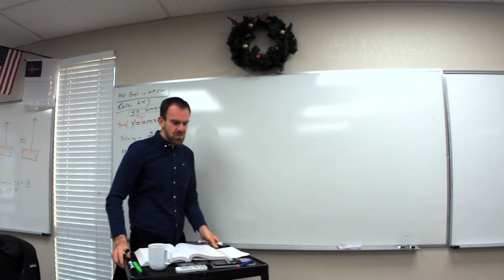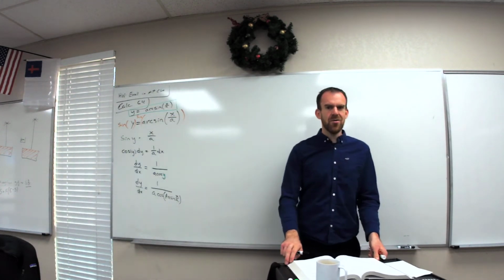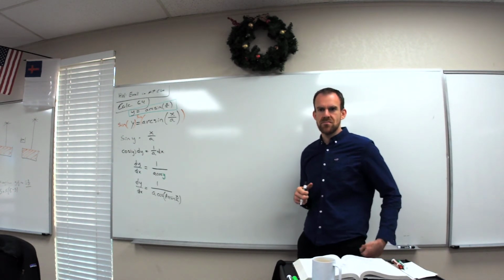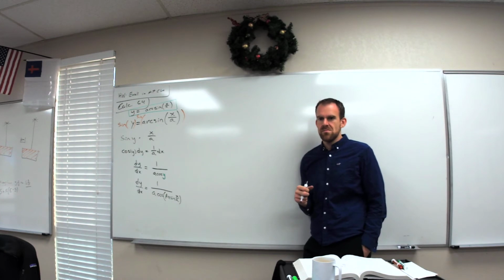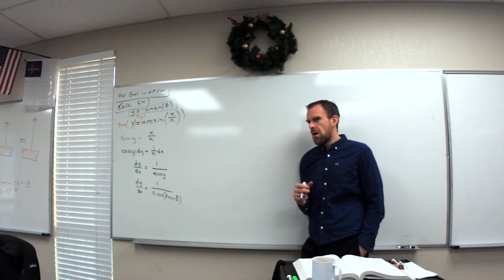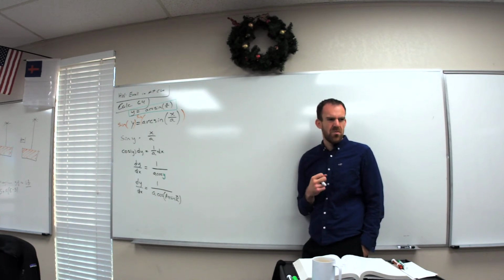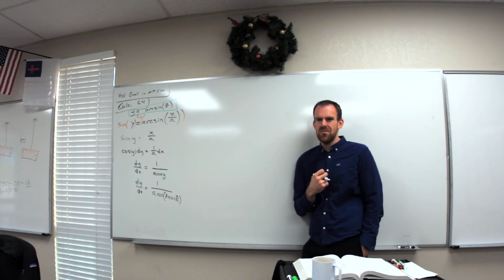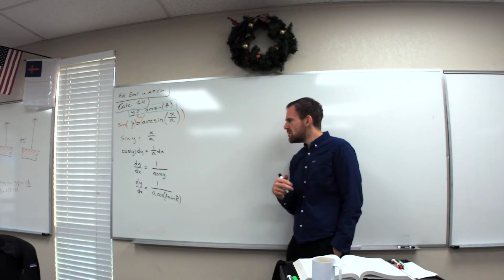Now, how did we do those problems way back when in the pre-calculus years? What does arcsine give you? What kind of quantity do you receive when you take the arcsine of something? Let's try this one.